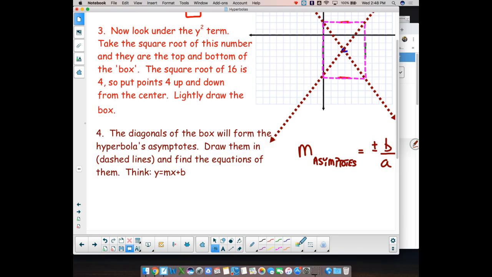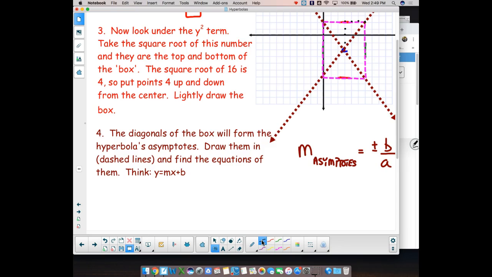Always. Because if you think about it, those lines go through the center of my box and they go through the corners of my box. Right? Well, if I go over here and I count my rise, 1, 2, 3, 4, and then I run 1, 2, 3, that's 4 over 3. It's always going to be b, my rise, over my run, a. Okay? And to go to one, it's positive.